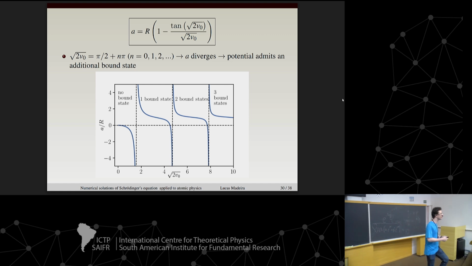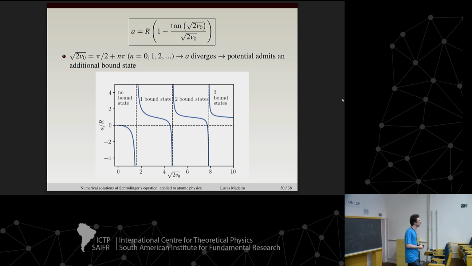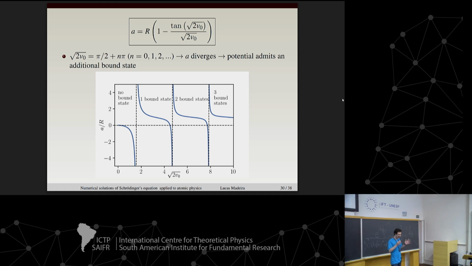How can you get an intuitive physical picture of this? When you have bound states, at the energy of the bound states, there is a scattering resonance. So what's going on is, whenever you create a new bound state, let's picture this potential getting deeper and deeper.